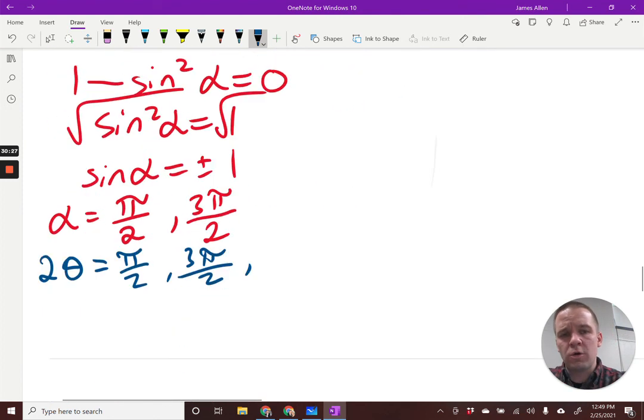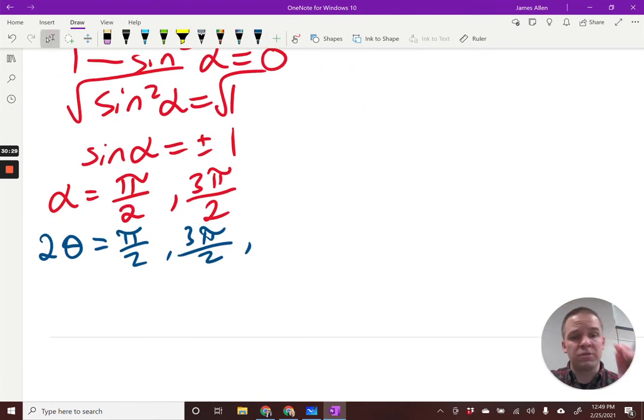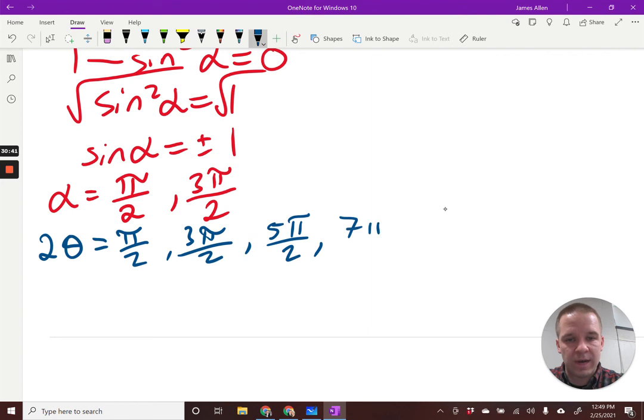Nice. So we got to get a couple more coterminal angles to account for that extra rotation around the unit circle. So if I add 2 pi, or in this case 4 pi over 2, I get 5 pi over 2, and I'd get 7 pi over 2. Now that I have all 4 solutions for 2 theta, which I'd like doing that, getting all 4 for that.